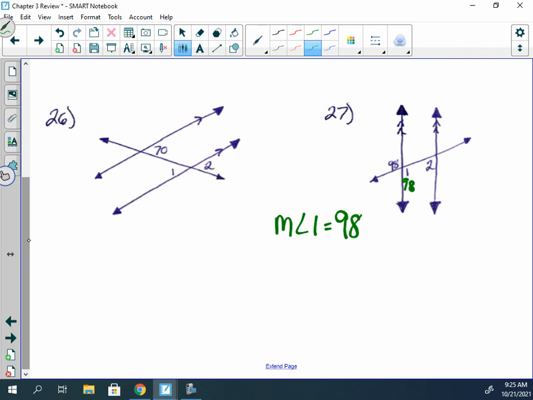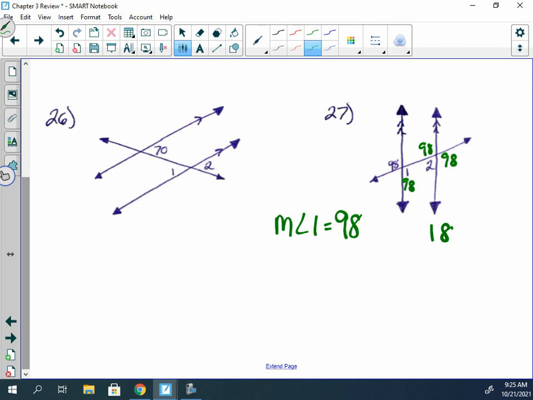Well, as you're saying, corresponding, since 98 is above and to the left, on the other side above and to the left would be this one here. Have we got all of the ones that are going to be the same as 98? Which means the other ones are going to add up to be 180. So to find angle 2, it's going to add together to be 180.